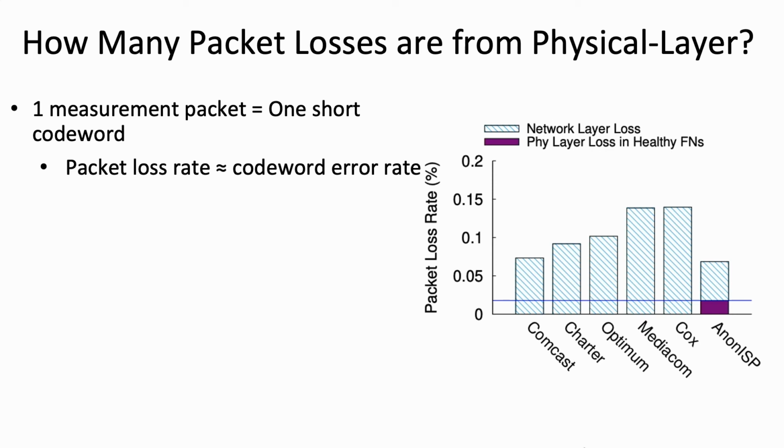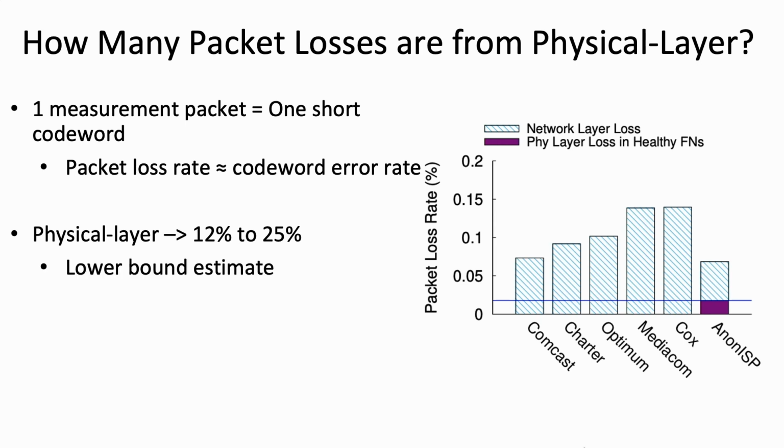The purple bar here is the physical layer packet loss that we compute from the healthy FNs only. The blue bars here are the FCC and Along ISP's IP layer packet loss rates. And this blue line estimates how many packet losses are from the physical layer for each ISP. So from this figure, we can see that at least 12% to 25% of losses are from the physical layer.